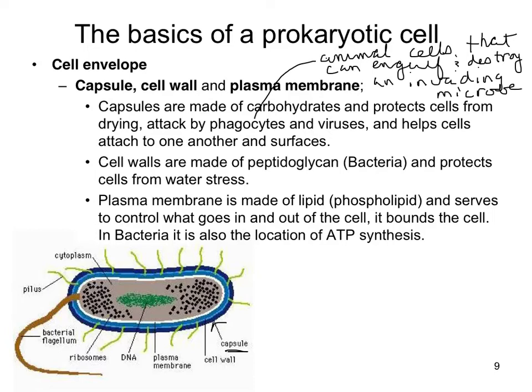Viruses act as cellular parasites, and although there are many viruses that attack humans, there are also viruses that attack plants, and there are viruses that attack bacteria. A capsule can help to protect a bacterium against such attack. Capsules are also helpful in allowing bacterial cells to attach both to one another and to surfaces. So because of these features, capsules can be a pathogenicity factor.